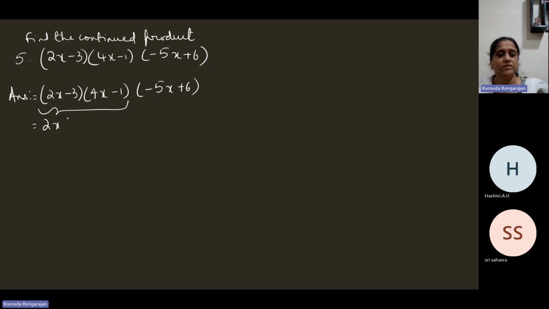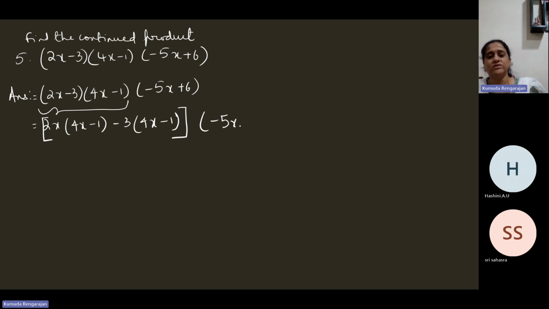So it'll be 2x into 4x minus 1, minus 3 into 4x minus 1. Okay, so we'll do this one. We'll put this in a square bracket. We'll do this first. So this minus 5x plus 6 will just wait for this simplification to be done, and then we'll multiply this with minus 5x plus 6.